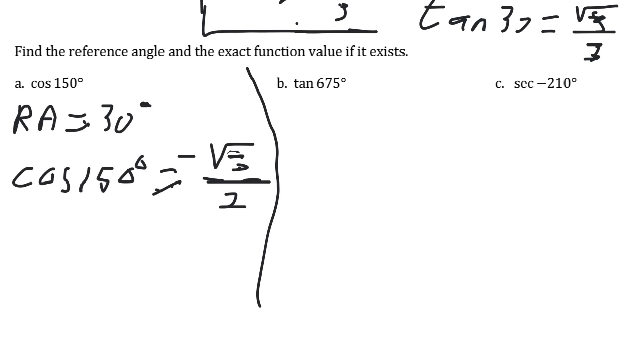Tangent 675. All right. So we take 675 minus 360. We get 315. And we look for the reference angle. The 315, that's in quadrant 4. So it's 360 minus 315, which is 45. 45 tangent is 1.